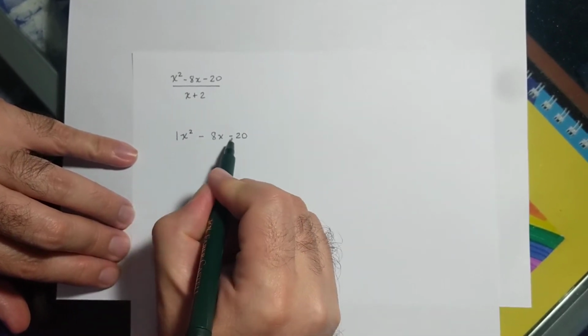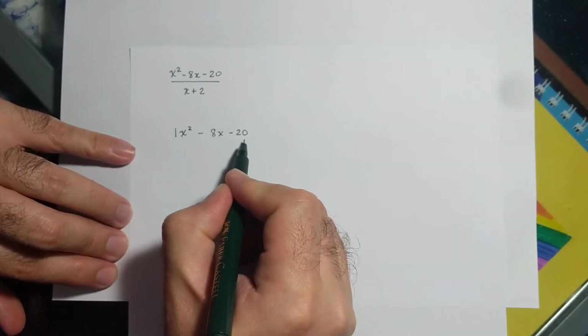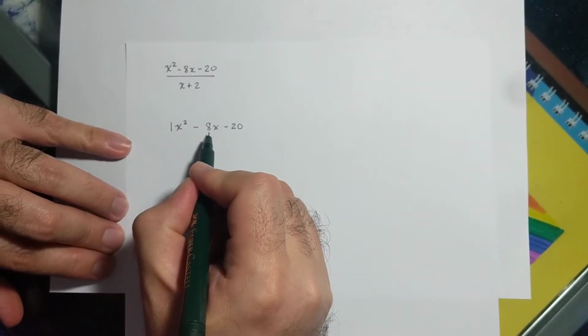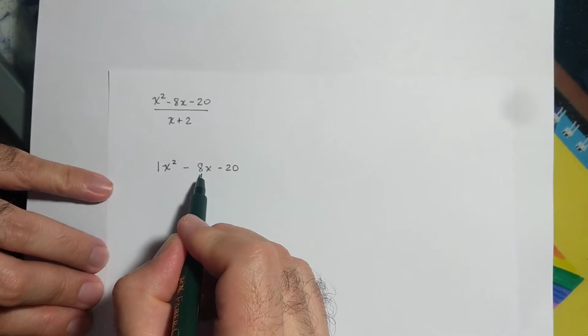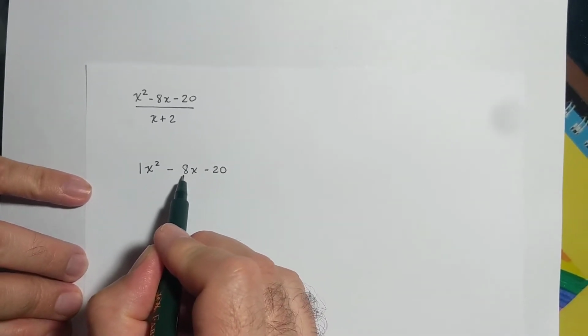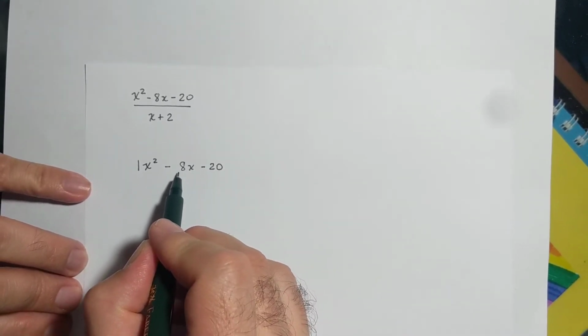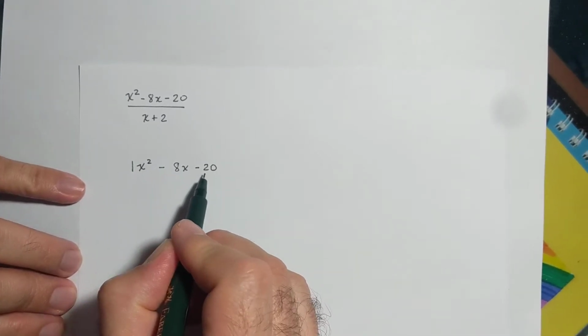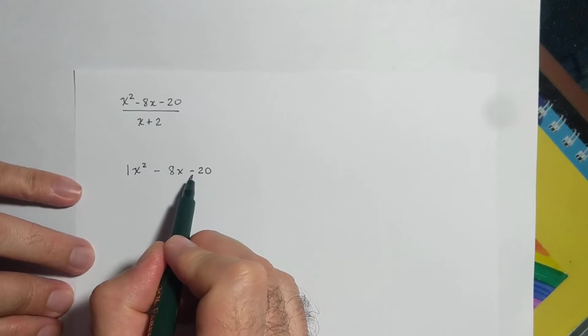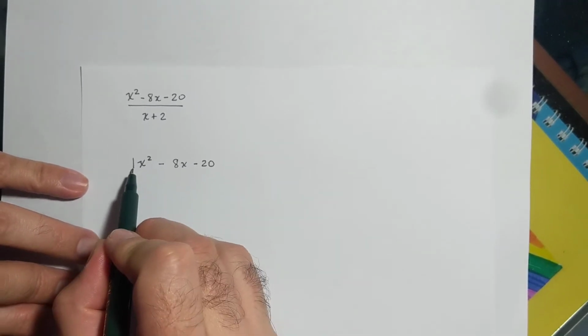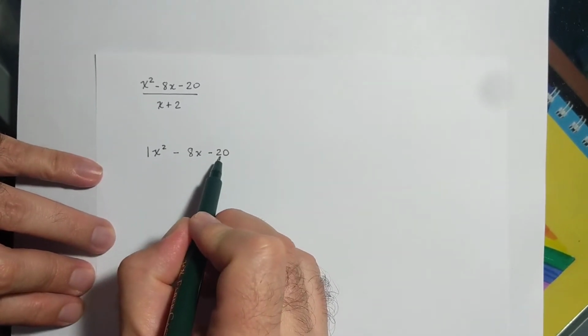Now when we have a quadratic trinomial and we try to factor it, we really are going to split the linear term into two parts with two different numbers. The negative 8x will become something x and something x. Now the two numbers are decided this way. We look at the negative 20 and we notice that 1 times negative 20 is negative 20.